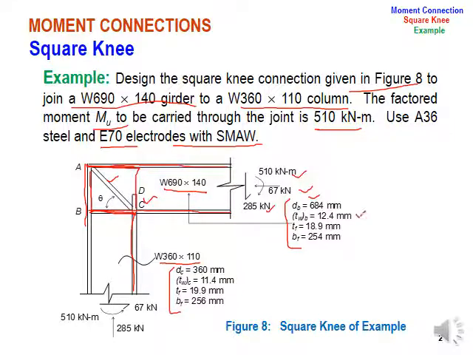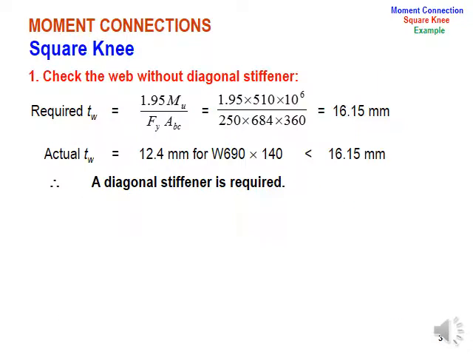You have db from the LRFD manual, you have twb, tf, bf, depth of the column, thickness of the web for the column, thickness of the flange of the column, and the width of the flange of the column. Once all of these input parameters are with you, we can start with the design.